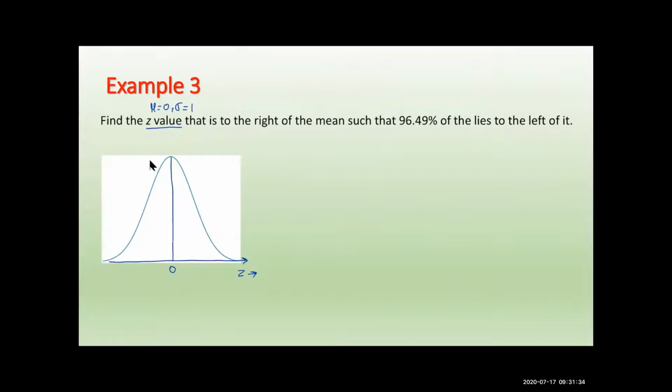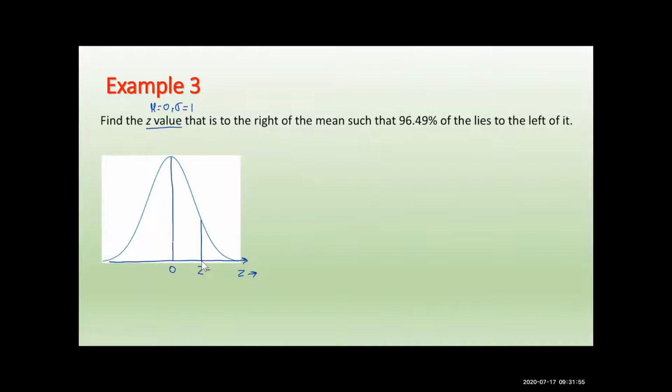Okay, what we are asked to do is we have to find the z value to the right of mean. To the right of mean, that means we are looking for a positive value. So maybe somewhere here is that z value, and we need to find what is that z equal to.